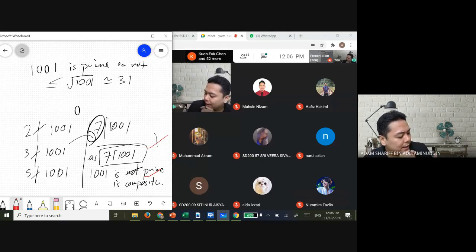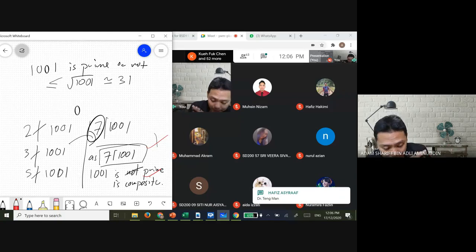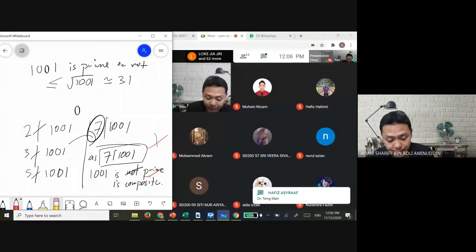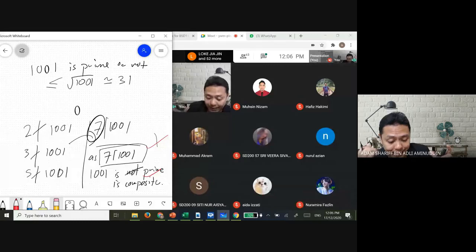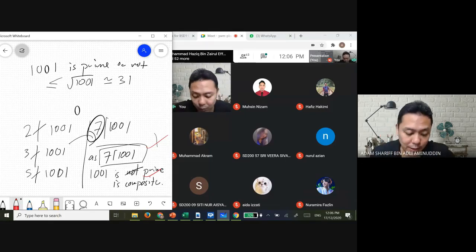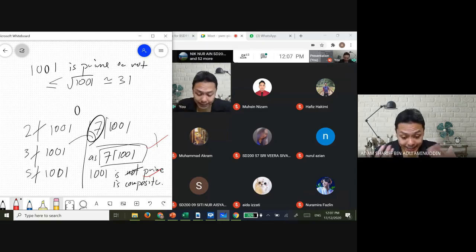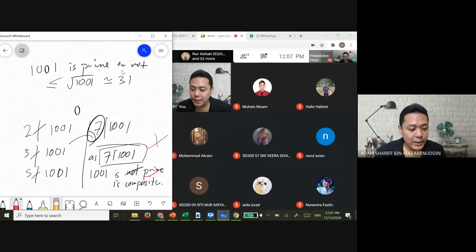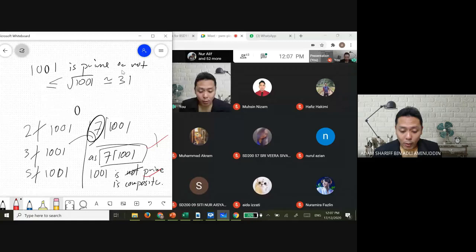Saya suka dia share, tapi ini dalam bahasa C, ya. Lain kali kamu sebagai data scientist, kamu kena practice benda ni, biasakan dengan programming asas, dan kamu bukan saja akan belajar dalam bentuk C, dan kamu akan belajar dalam bentuk Python. So boleh buat. Lagi best kalau kamu boleh buat balik the coding tu. Sebab saya tahu banyak yang belajar coding ni, saya pun sama, we tend to copy first, nak bagi faham, copy.